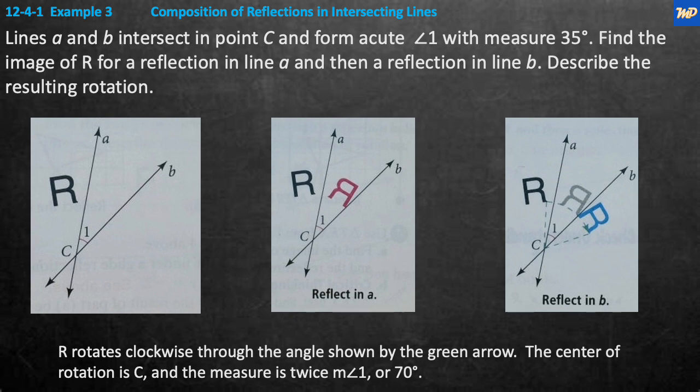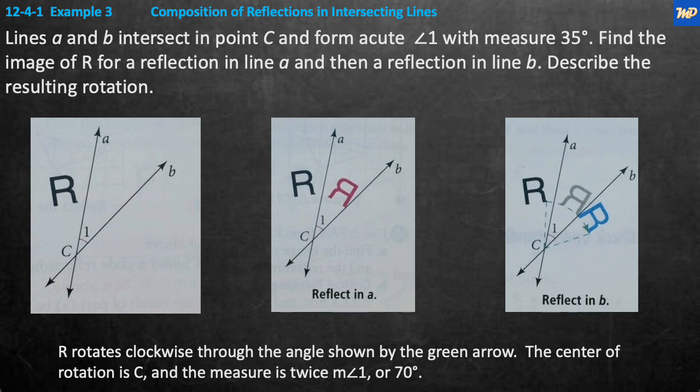So the key to understand here is that the crossed lines give you the rotation. And what you're going to find out in this bottom statement is that the distance of the rotation is going to be twice the angle between the two lines. So if there's 35 degrees in angle 1, your final rotation of R, in this case, is going to be 70 degrees.